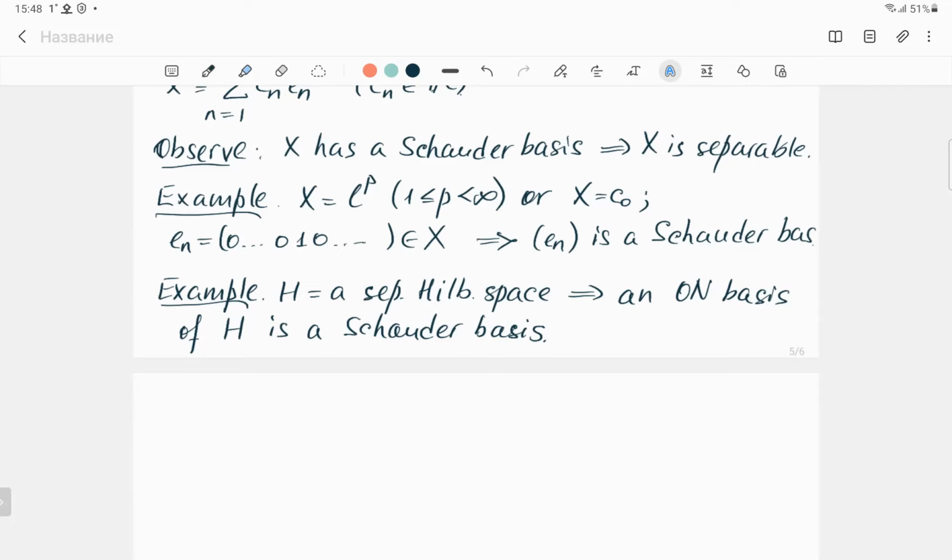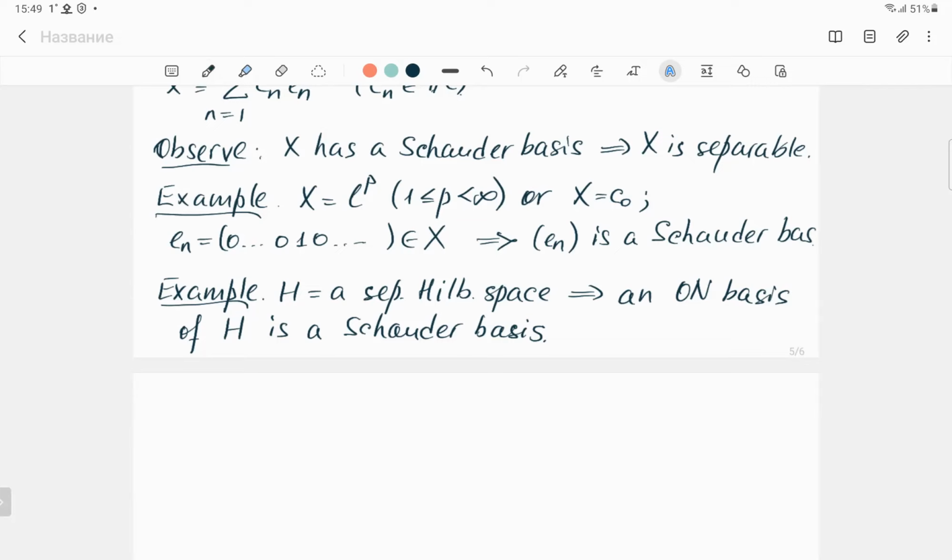For example, if you take the big L^p space over the closed interval of the real line, then it turns out that the trigonometric system is a Schauder basis, provided that p is bigger than 1. This is a rather deep theorem of Marcel Riesz, who was, by the way, a brother of Friedrich Riesz. If p equals 1, then this is not the case. The trigonometric system is not a Schauder basis in L^1 by a result of Lebesgue. But on the other hand, L^1 has another family, the so-called Haar system, which is a Schauder basis of L^1.